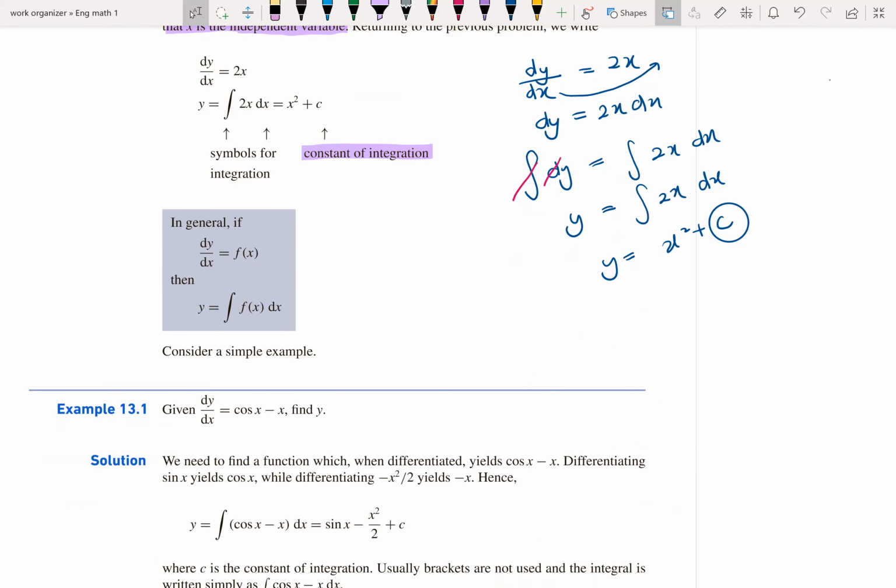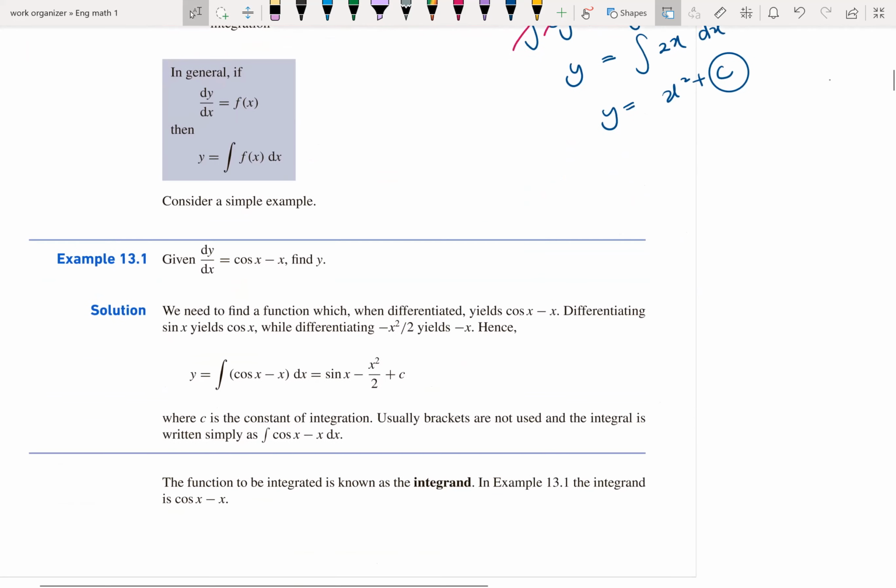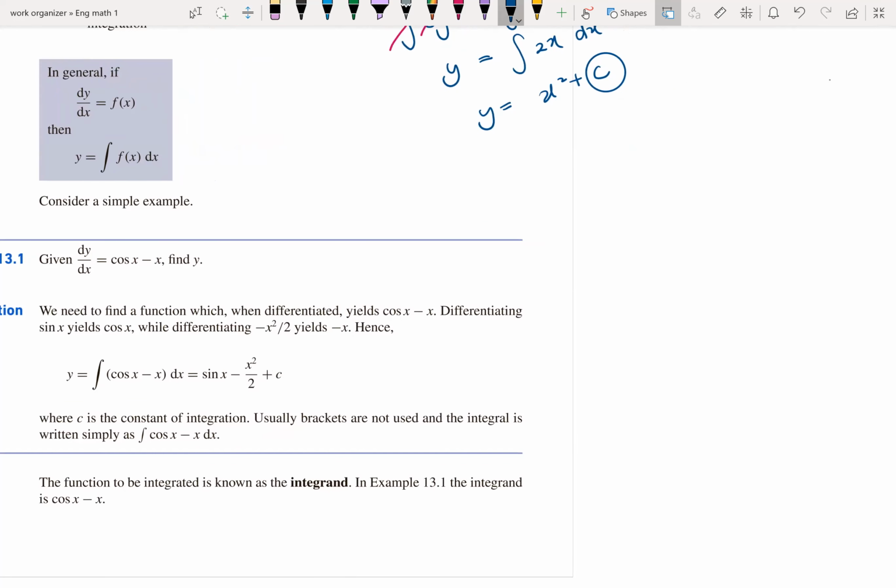Let's see this example. Given dy over dx equal to cos x minus x, we have to find y.